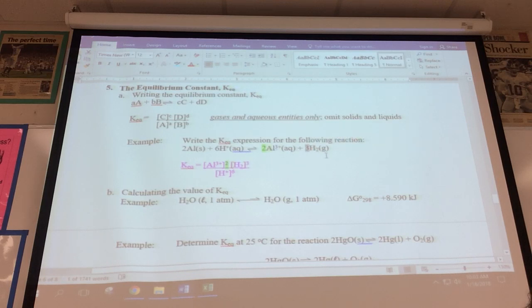Note these substances are multiplied. In a KEQ expression, it is the product of the concentrations. Over reactant. Why didn't I include aluminum? It's a solid. And then proton. Do I put the 6 here? No. You better not. The 6 becomes the exponent.